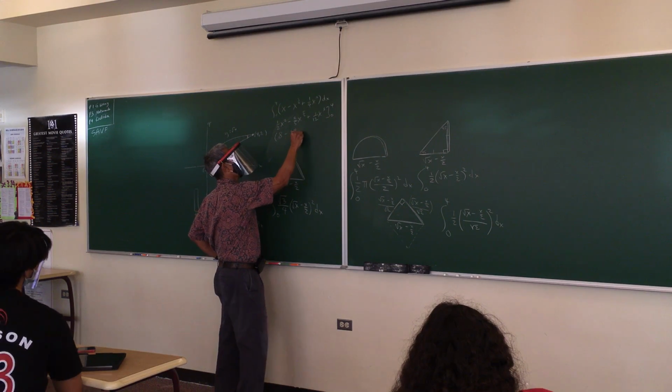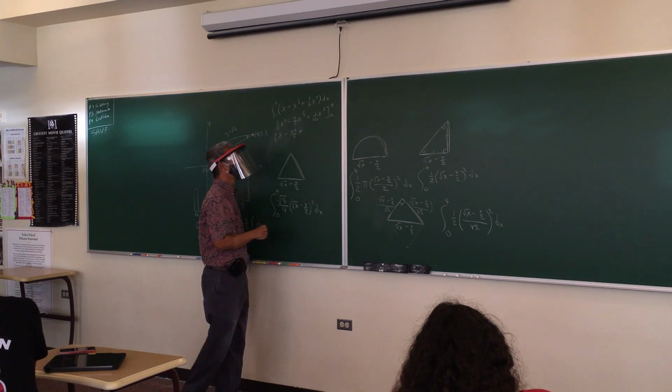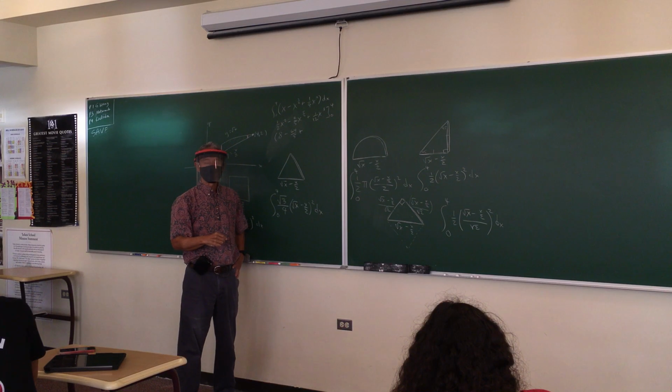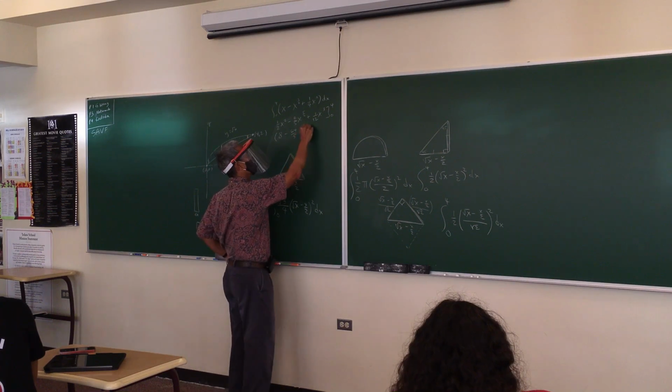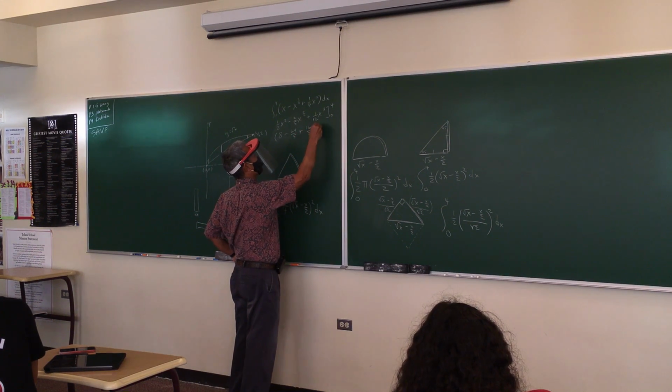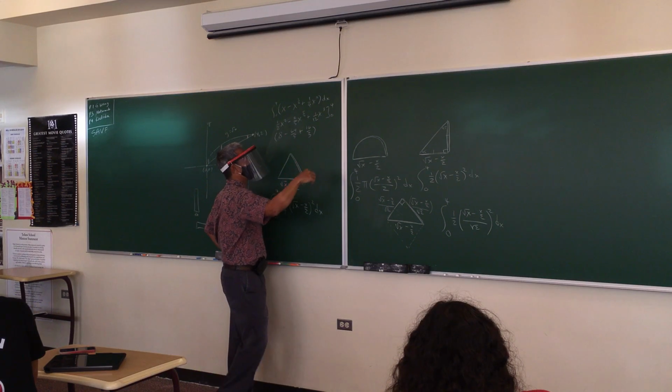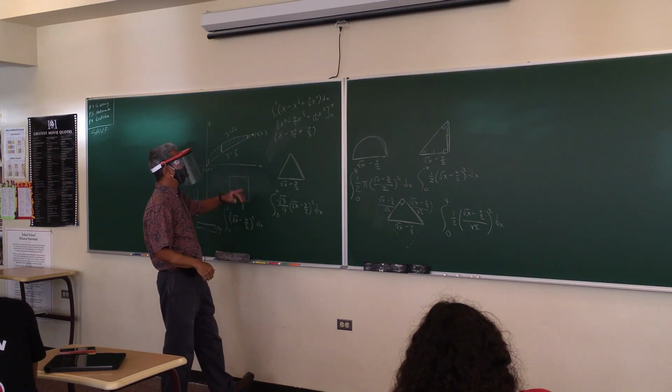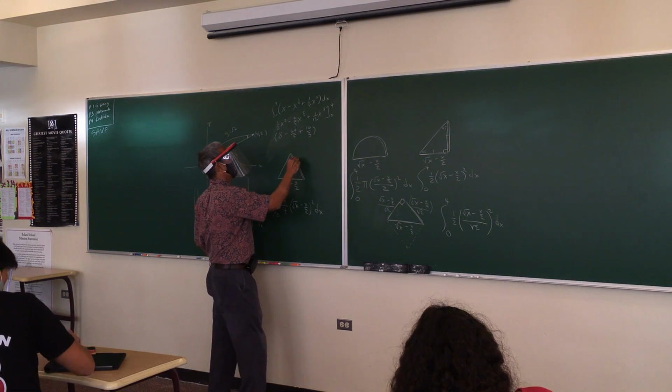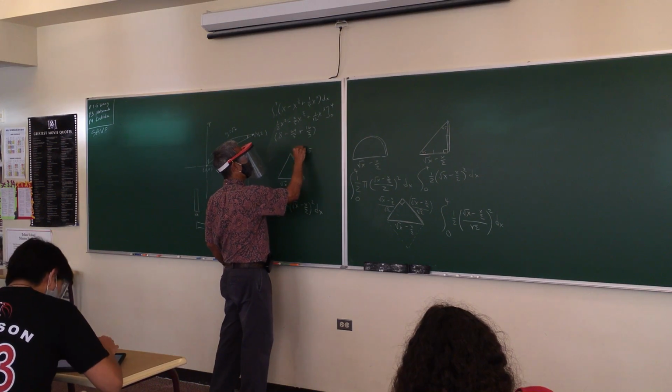64 fifths plus 64 over 12. You can reduce that by 4. 16 thirds. And then of course minus 0 plus 0, right? So everything else is 0. And then to simplify this, you simply need to make the least common denominator of 15.